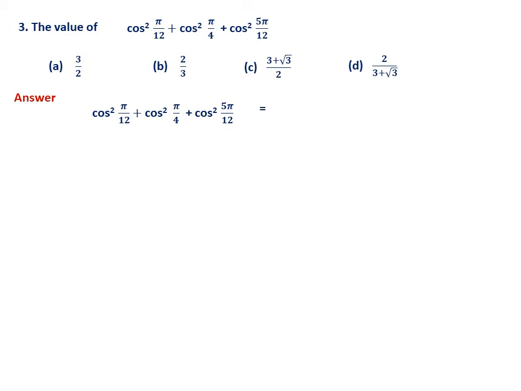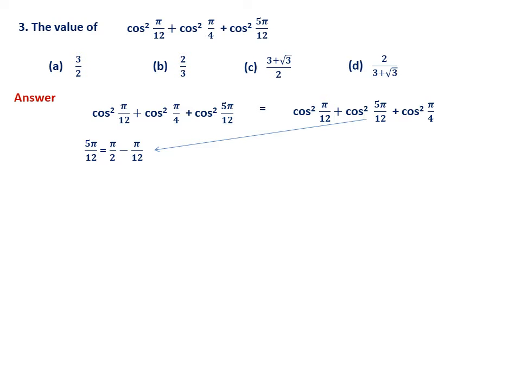Here first I rearrange them. So cos square pi by 12 plus cos square 5 pi by 12 we will take together. Of course, cos square pi by 4 is 1 by 2, because cos pi by 4 is 1 by root 2, a standard angle. The problem is only with the first two terms. You can write 5 pi by 12 as pi by 2 minus pi by 12.